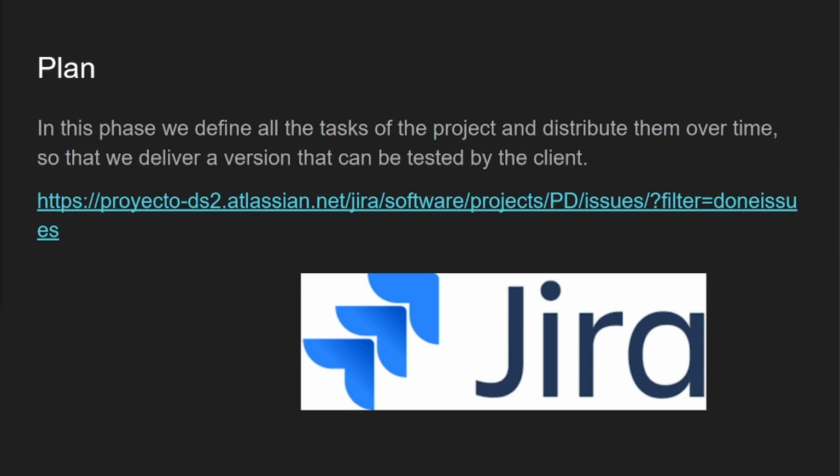For the planning phase, we made sure to define all the tasks of the project and distribute them over time, so that we could deliver a version that could be tested in the course, covering both the tasks of application development, deployment, and testing.